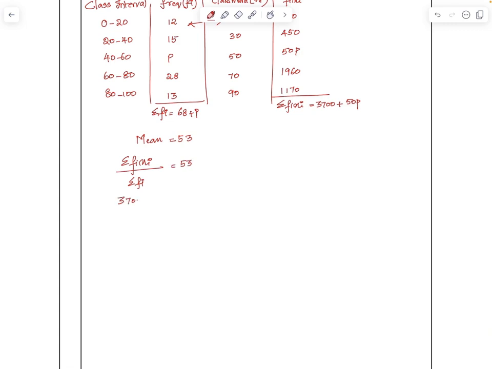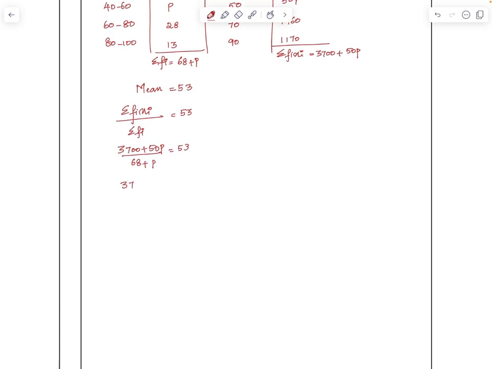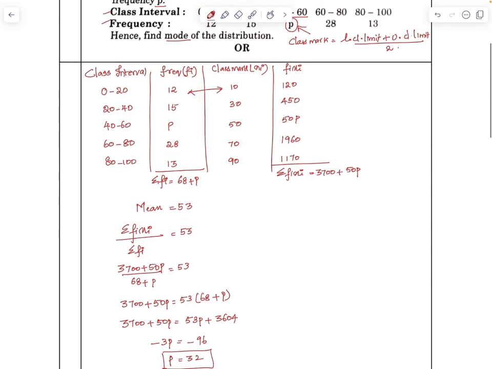Sigma Fi Xi is 3700 plus 50p upon 68 plus p is equal to 53. 3700 plus 50p is equal to 53 times 68 plus p, that is 3700 plus 50p is equal to 53p plus 3604, which is minus 3p is equal to minus 96. So p becomes 32. So the missing value is 32.